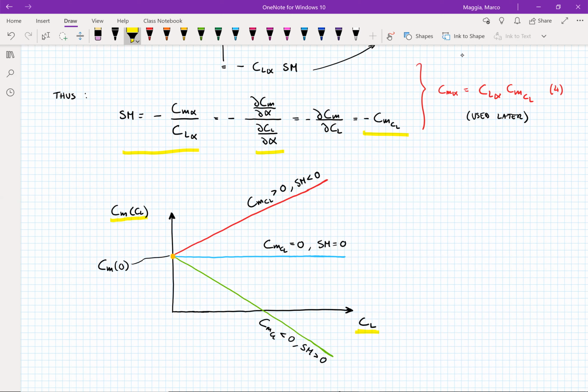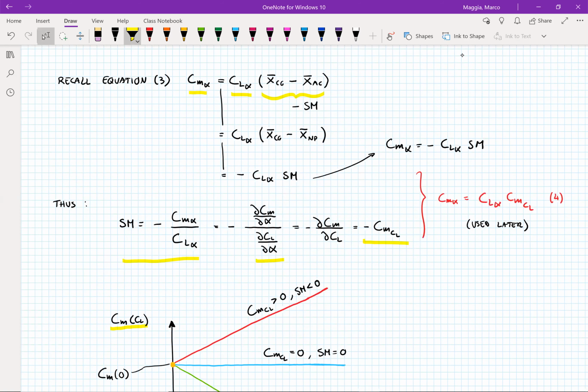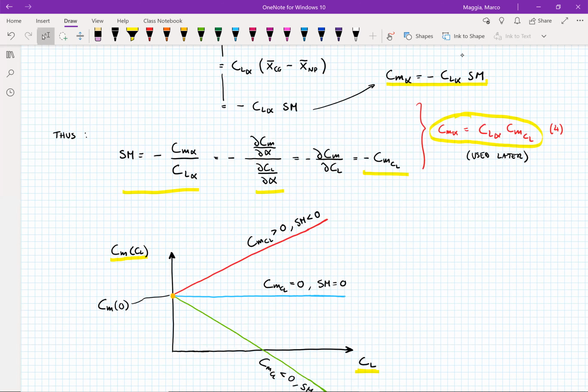For an unstable aircraft, we would have a positive slope of Cm versus Cl, and a slope equal to 0 for a neutral stability. Just one thing, if we combine this equation with the static margin equal to minus dCm/dCl, we find that Cm alpha is equal to the product of Cl alpha times dCm/dCl, which is going to be used later.